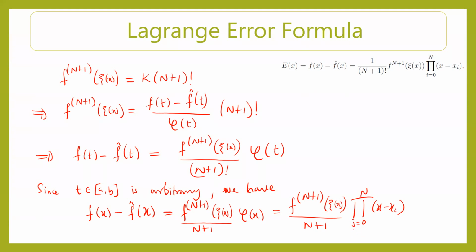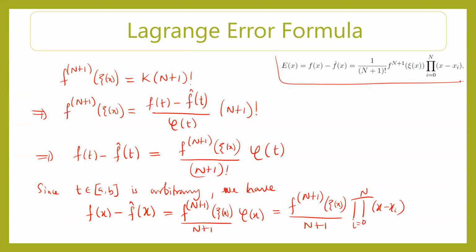If you want, just use i. That is the theorem that we proved. All right, so we now know the error for this approximation, okay?